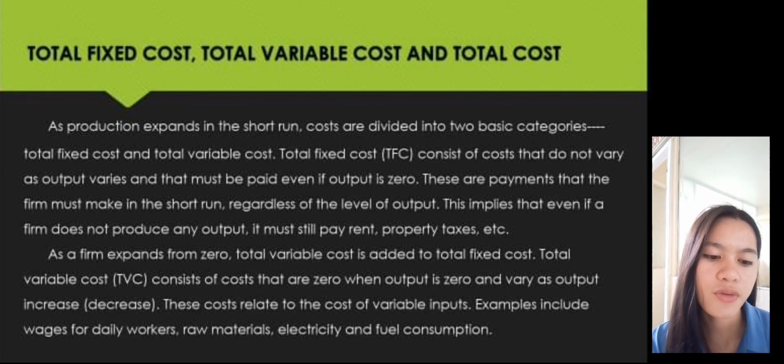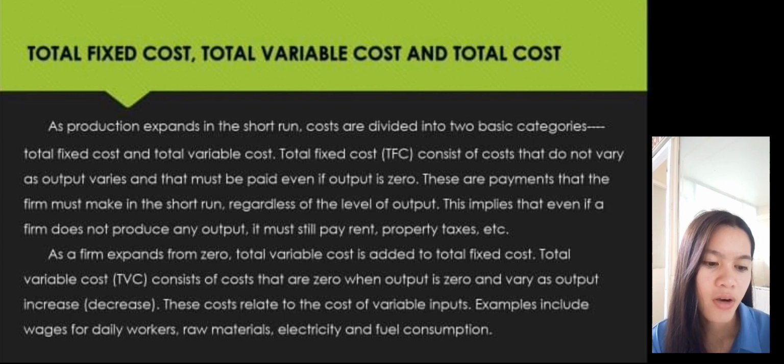Total fixed cost, total variable cost, and total cost. As production expands in the short run, costs are divided into two basic categories: total fixed cost and total variable cost. So total fixed cost or TFC consists of costs that do not vary as output varies and that must be paid even if output is zero.